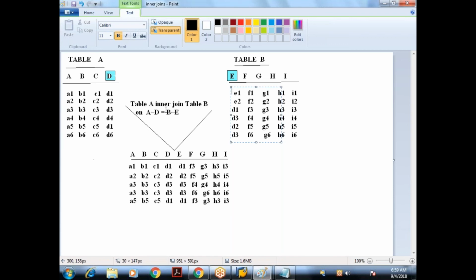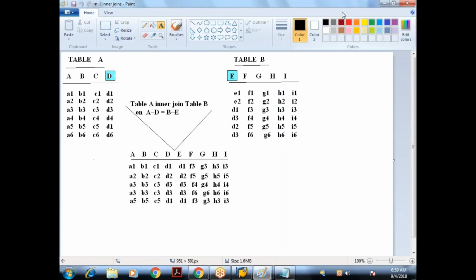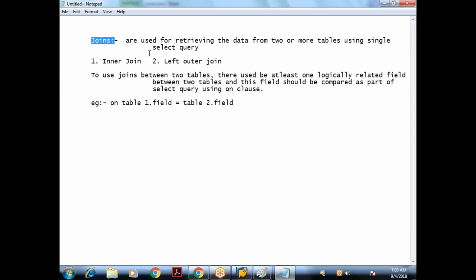If any matching rows are found in the right hand side table, it will pick up those rows one after the other. If there is no matching row in the right hand side table, it will ignore the left hand side row also. That is the concept of inner join.